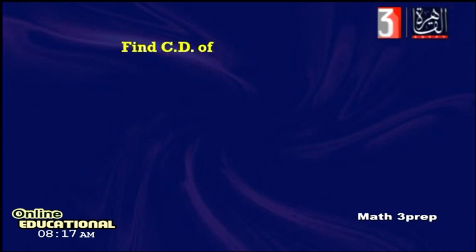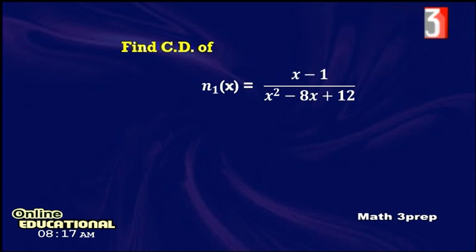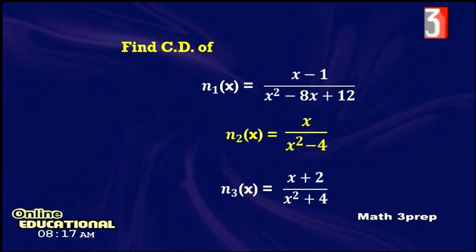Find the common domain of N1(x) equals x minus 1 over x squared minus 8x plus 12, N2 equals x over x to the power of 2 minus 4, and N3(x) equals x plus 2 over x squared plus 4.